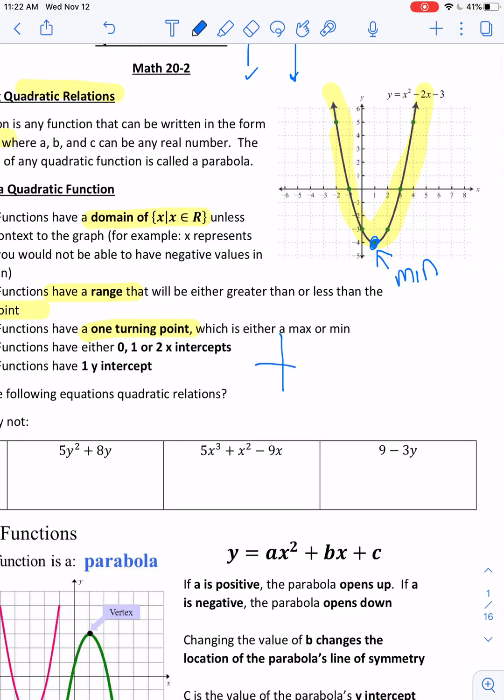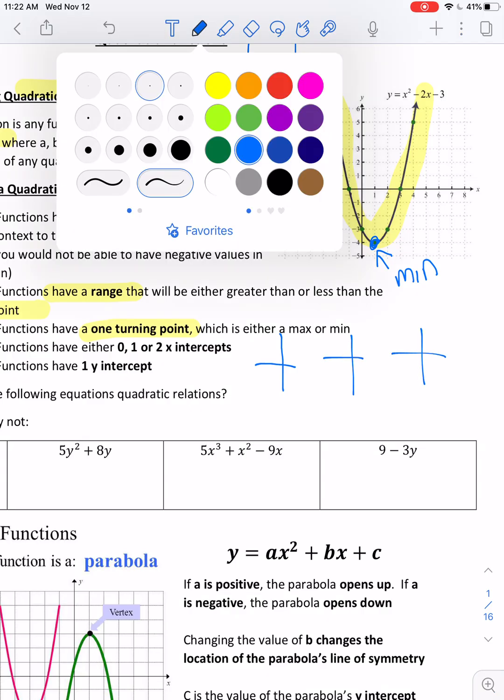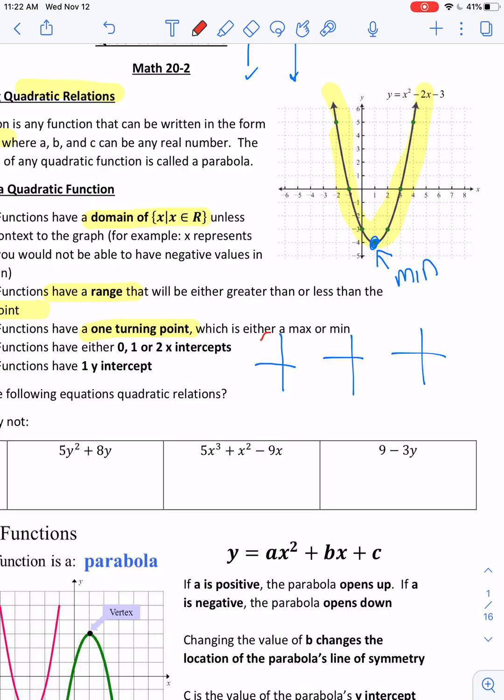So just to draw it for you, if I had a quadratic function with 0 x-intercepts, this could be a possibility. Maybe it opens up and it never crosses the x-axis. So that would be 0 x-intercepts. I could also have a quadratic graph where maybe the turning point is on the x-axis.